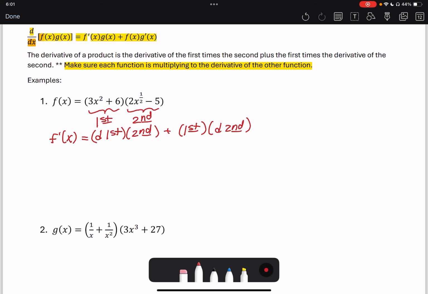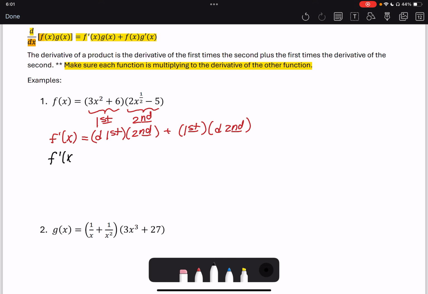Okay, so essentially the derivative of the first must multiply with the other function, and then the derivative of the second must multiply with the other function. So like I said, just make sure your derivatives are multiplying with the other function, okay. So let's go through it here.